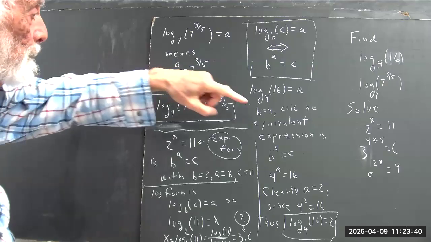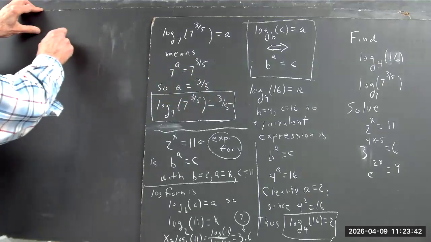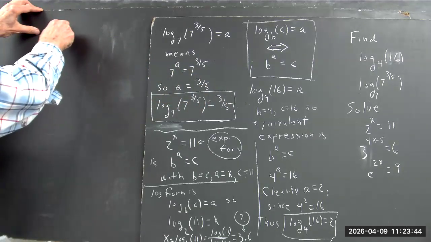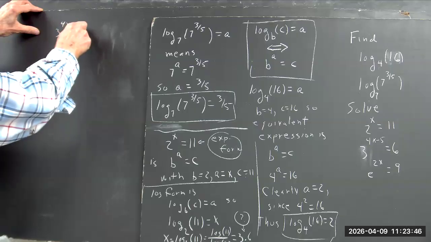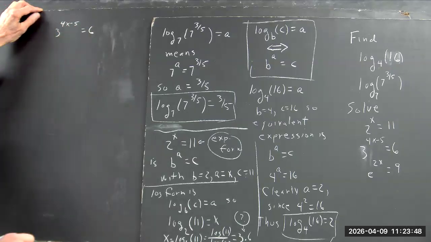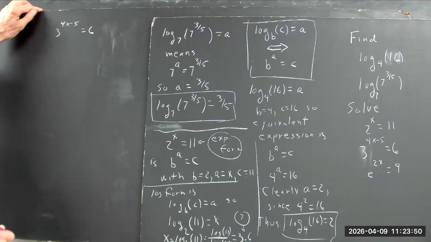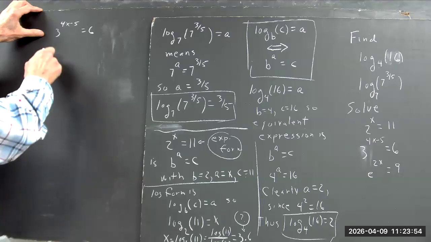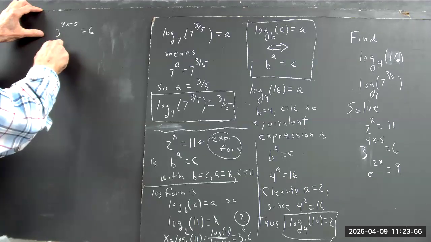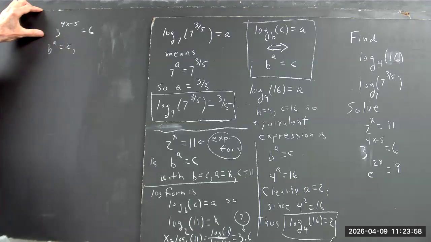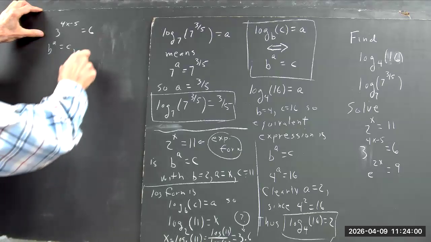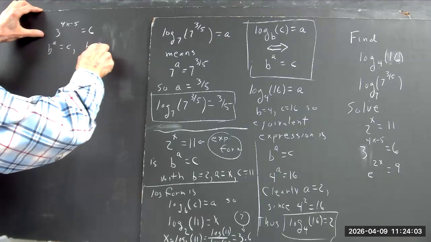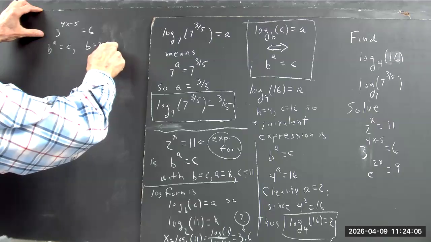Okay, so 3 to the 4x minus 5 equals 6. Okay, what's the form? This is the form. B to the A equals C. B equals 3.